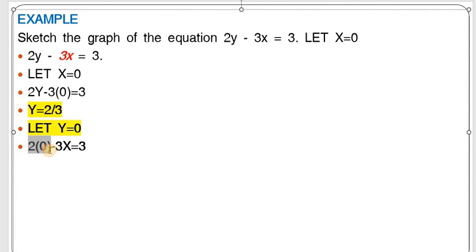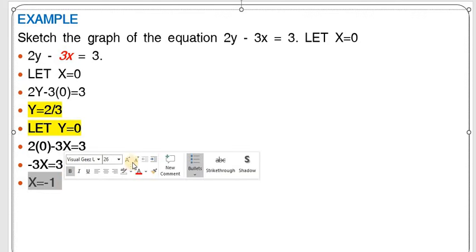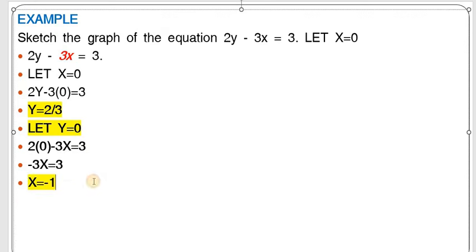Now ሁለቱ በ0 ስናባዛ ስንት ይመጣል basically we get 0. ስለዚህ አሁን የሚኖረን ኢኩዌሽናችን minus 3x is equal to 3. So now over 3 ስናደርግ የምናገኘው x አችን minus 1 ይሆናል ማለት ነው. So this is our second point.